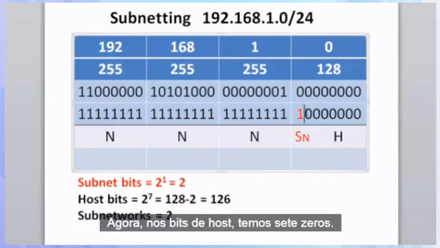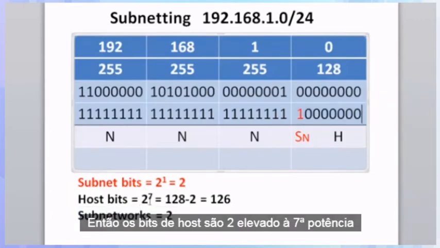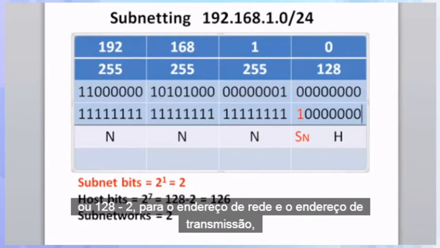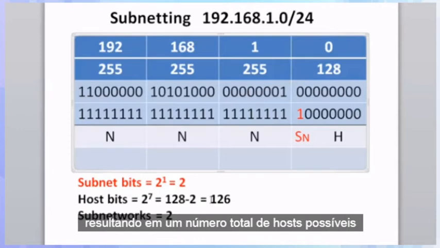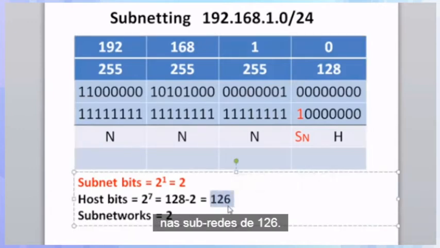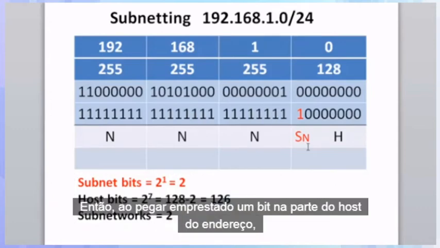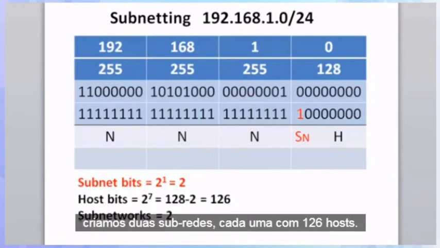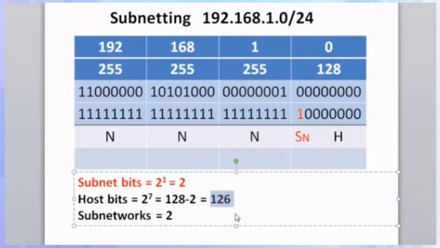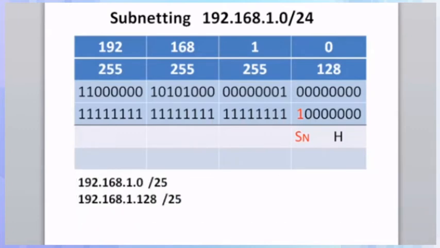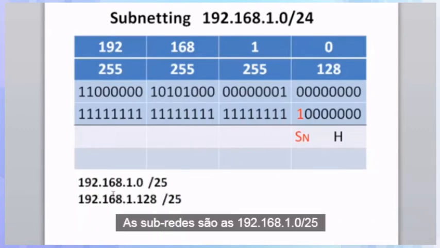Host bits, we have 7 zeros now. So host bits are 2 to the 7th power, or 128, minus 2 for the network address and the broadcast address, leaving us with a total number of possible hosts on the subnets of 126. So by borrowing 1 bit from the host portion of the address, we create 2 subnetworks, each subnetwork with 126 hosts.